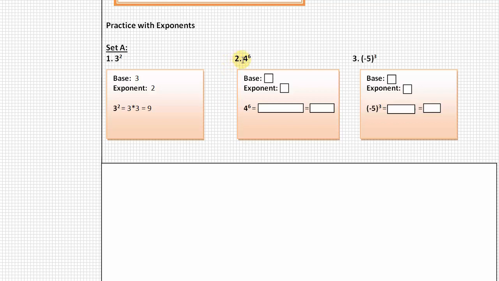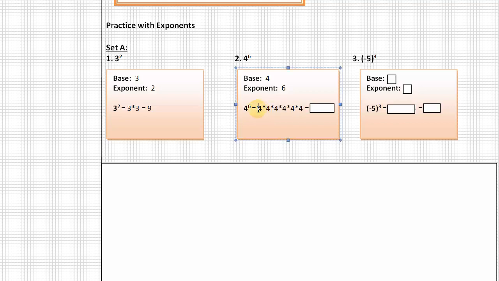For problem number 2, we have 4 raised to the 6th power. 4 is our base, and our exponent is 6. So if I was to expand out 4 to the 6th power, what would it look like? Exponents represent repeated multiplication of the base number.